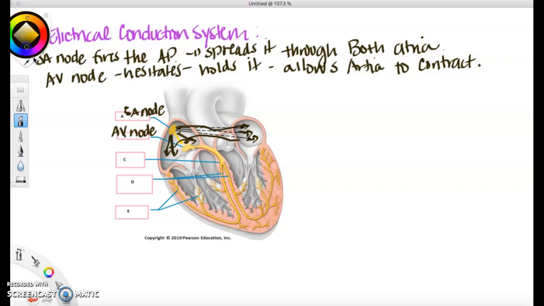And as it's going down there, it is sending the action potential down here, causing this little area to contract, and then it's going to fork into the bundle branches. So these are going to be the left and right bundle branches.